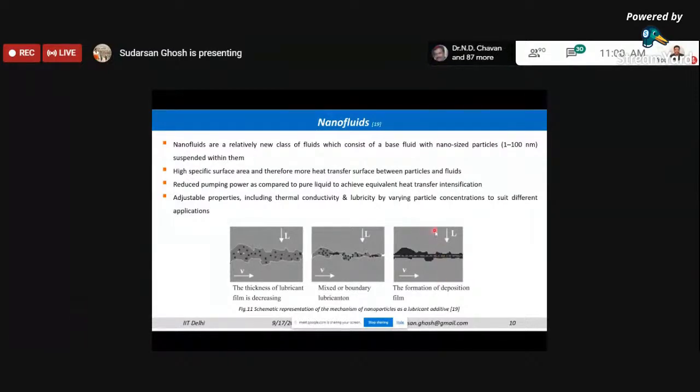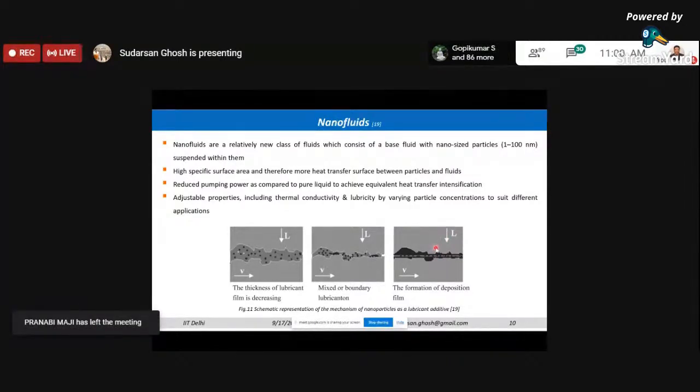So this is one surface, this is the other surface, these are the mating surfaces. In between, you have the nanofluid, and within the nanofluid you have the nanoparticles, these black colored particles, and they are getting aligned and deposited mainly because of the load or force being applied between these two mating surfaces.